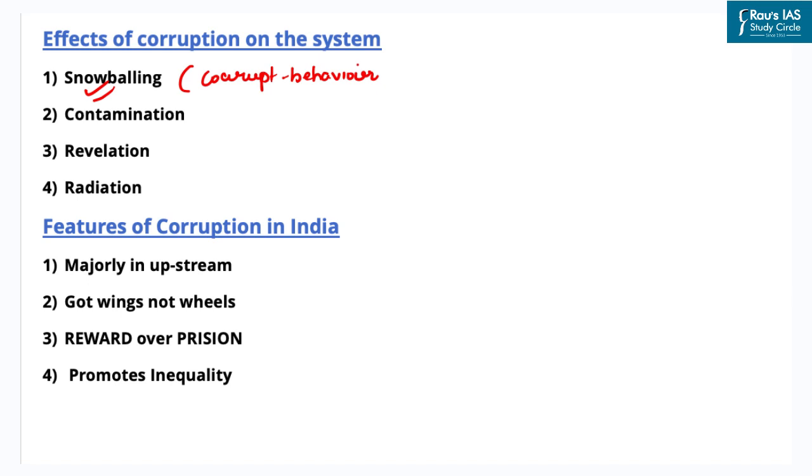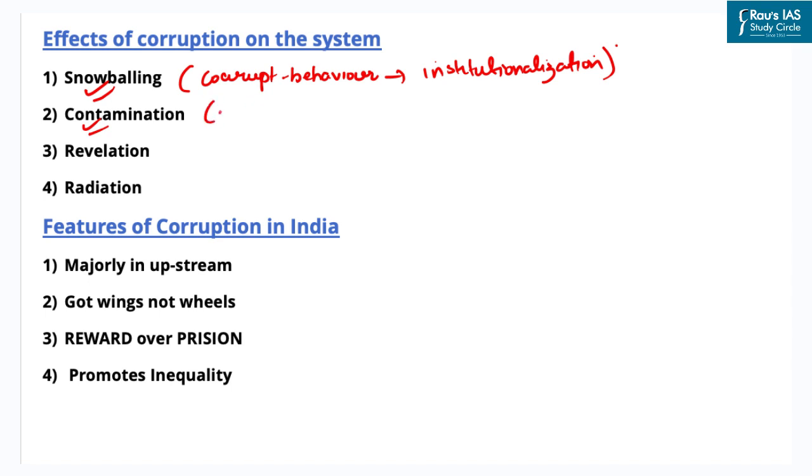Once corruption becomes legitimized in a system, it keeps on increasing, and this has been observed in the case of India also. Offenses which start with petty corruption result in large-scale corruption at the offices and at last lead to its institutionalization.